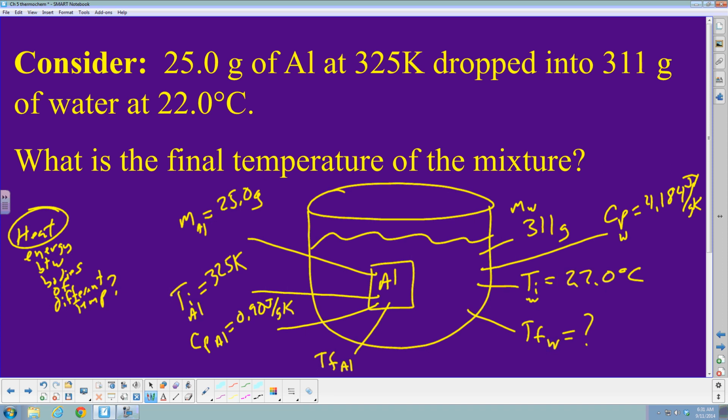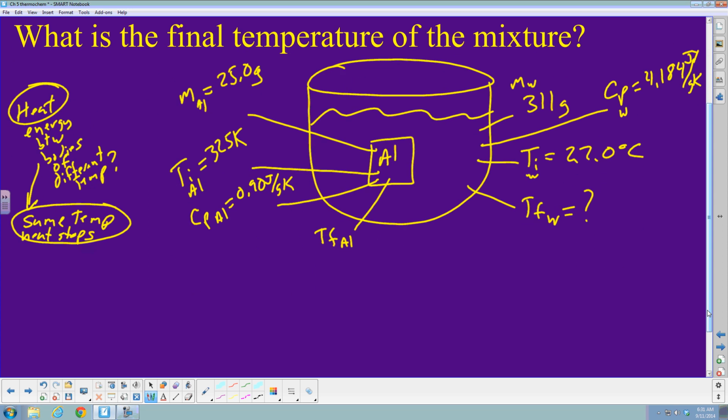Well, it'll stop when the bodies both have the same temp. So at the same temp, heat stops. And when things are at the same temp, we say that they reach thermal equilibrium.